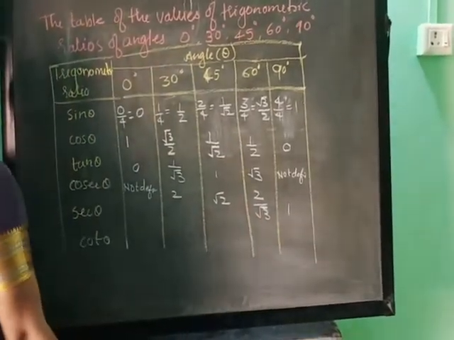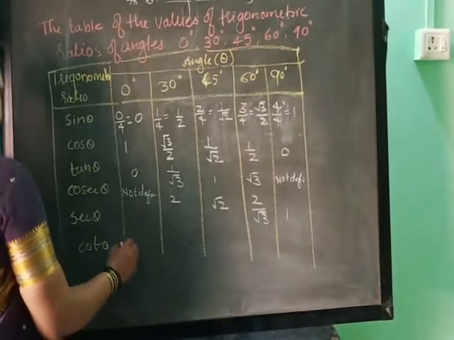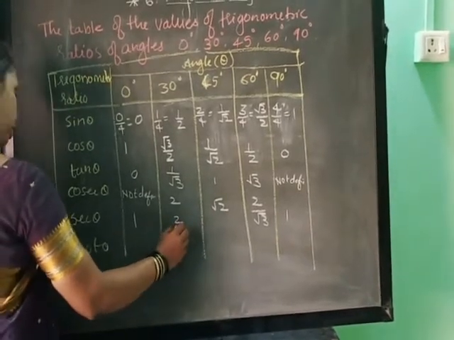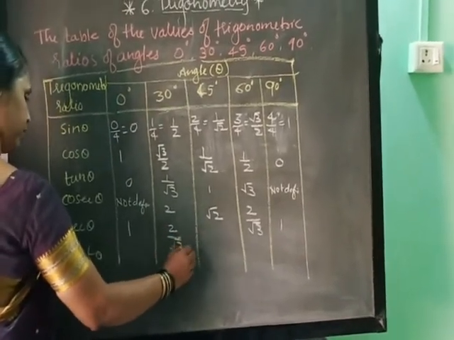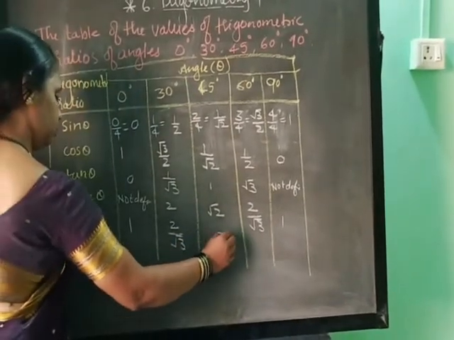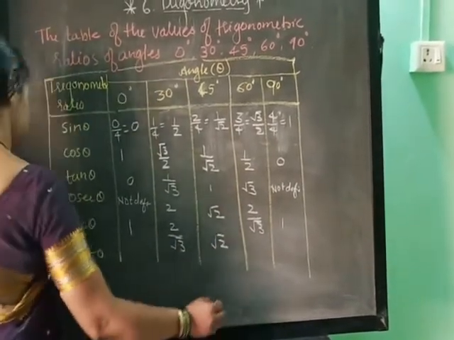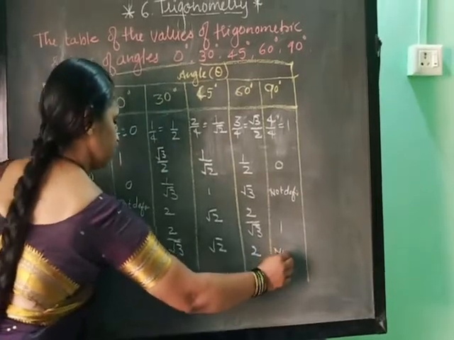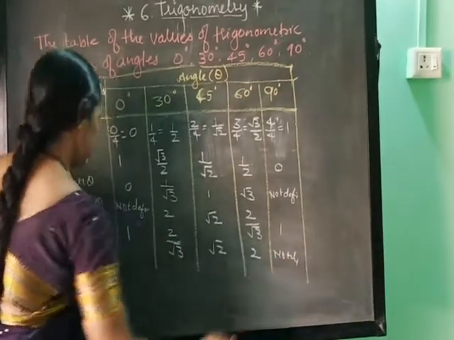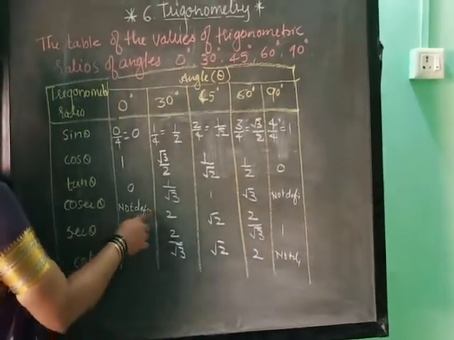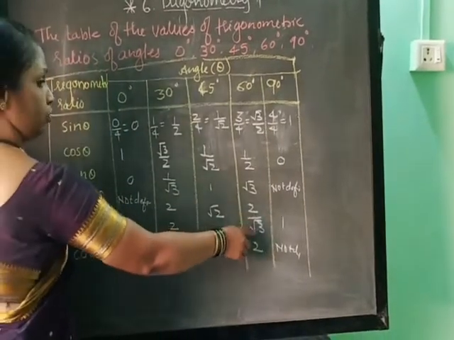So for cosec we have got not defined, 2, root 2, 2 upon root 3 and 1.